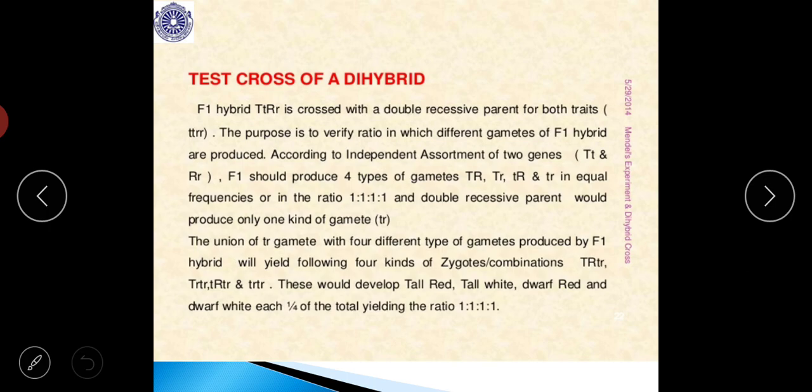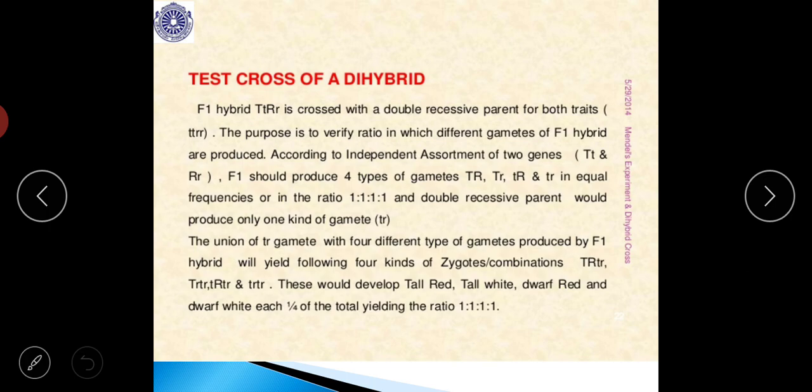Test cross of a dihybrid. F1 hybrid, that is heterozygous T and heterozygous R, is crossed with a double recessive parent for both the traits, that is small t small t, small r small r, and the purpose is to verify the ratio in which different gametes of F1 hybrid are produced.